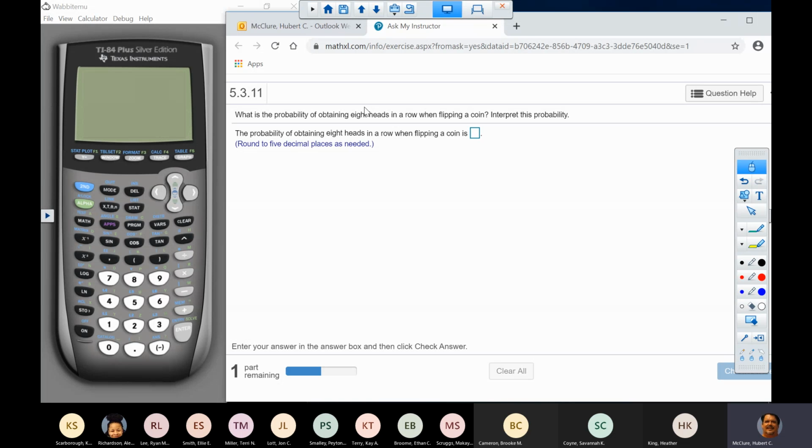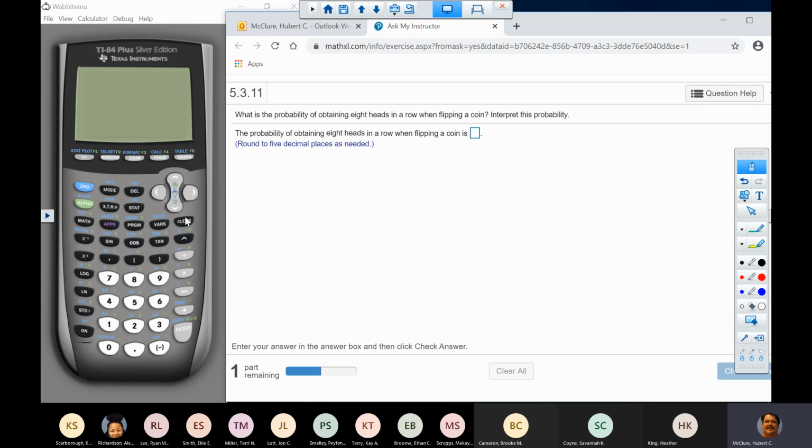How many times you flipping it? What do we do? Multiplicative law. This is 8 times. So what does that mean? That's an exponent of 8. So that's going to be 0.5 raised to the 8th power.